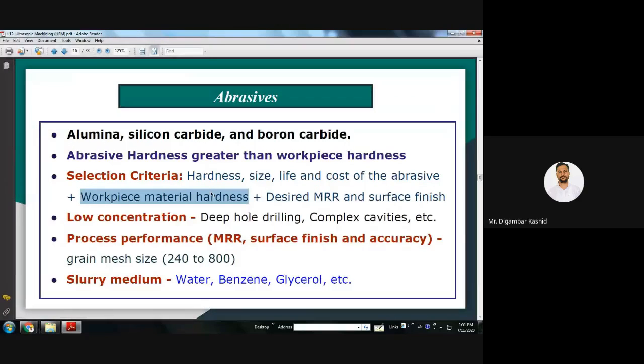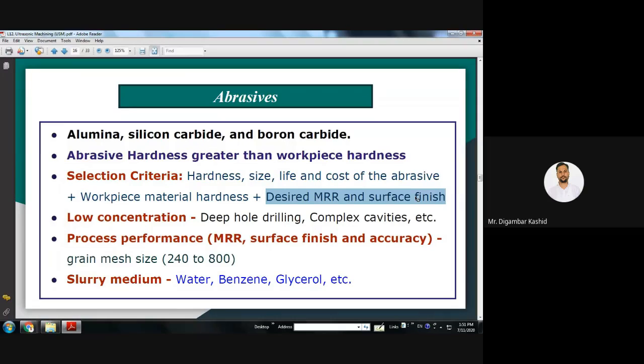That point also we need to consider, because it is very important to know the hardness of the workpiece while selecting the abrasive. The desired material removal rate and the surface finish should also be taken into consideration.